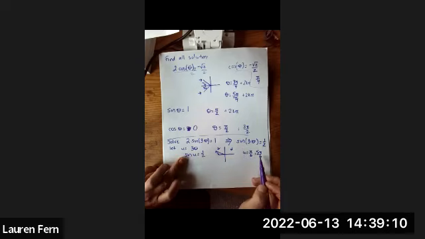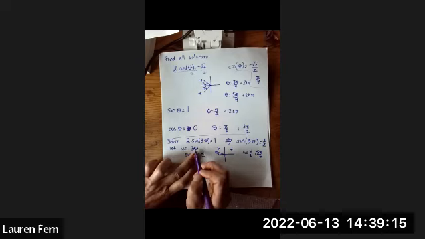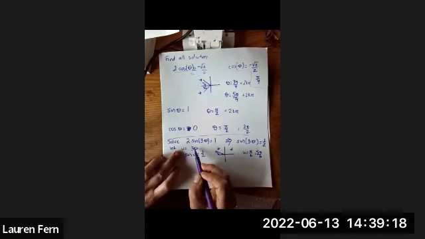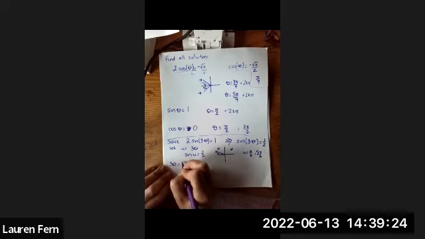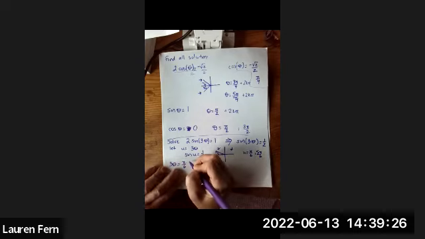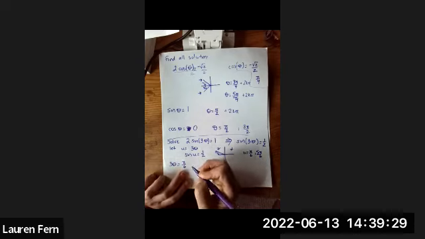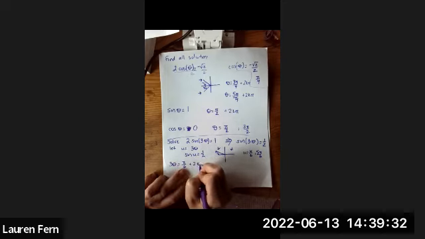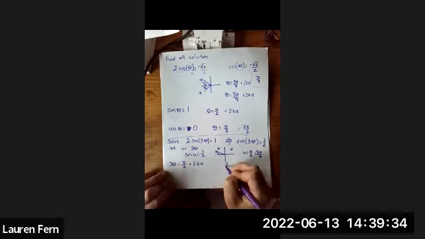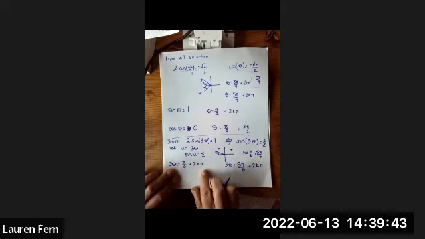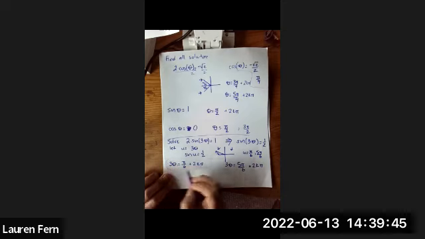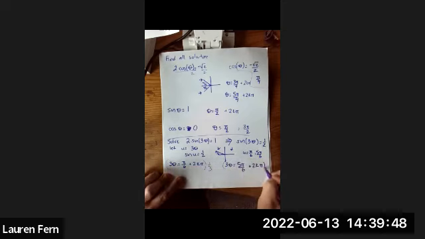But I found my value of u. That's not what I was originally wanting. I was originally wanting to find this theta. Well, u is the same as 3 theta. So if u is equal to pi over 6 and 5 pi over 6, that's the same thing as saying 3 theta is equal to this guy, and 3 theta is equal to that guy. Now, in order to solve for theta, we divide everybody by 3 or multiply both sides by 1/3.